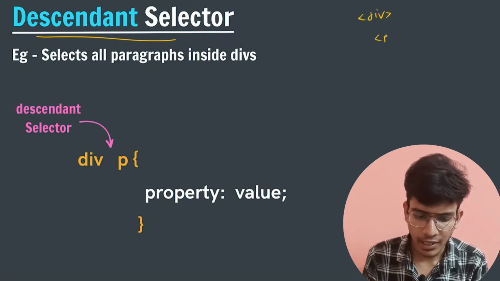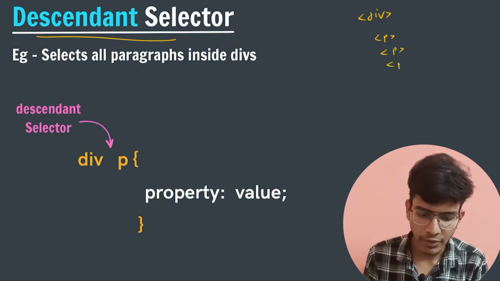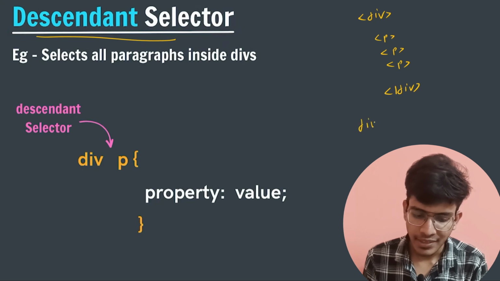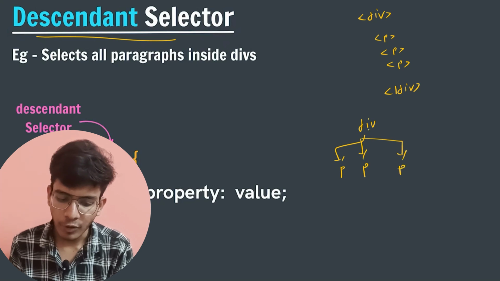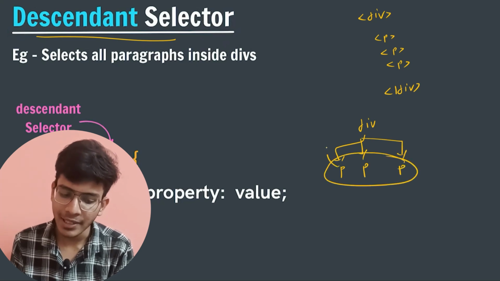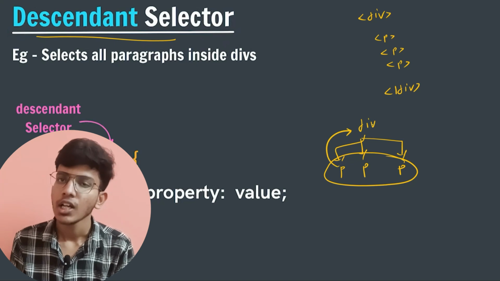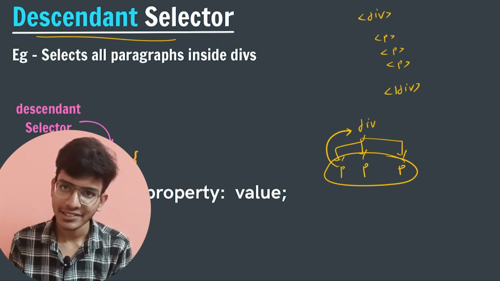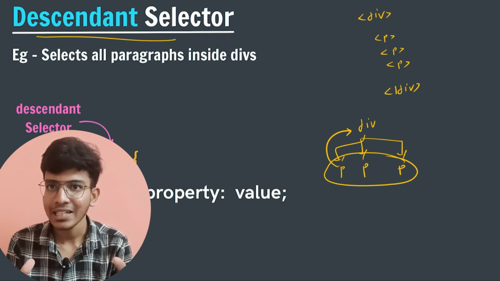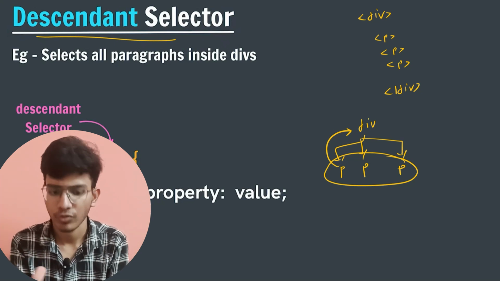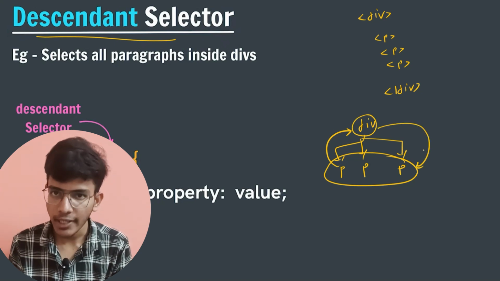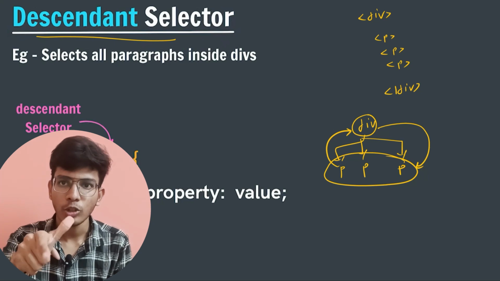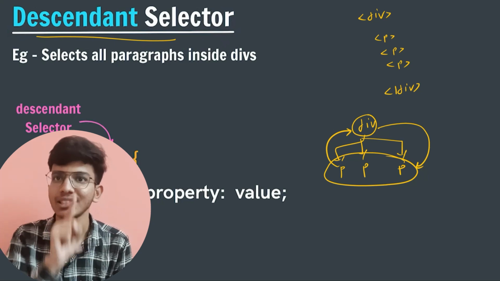Inside the div I have multiple paragraph tags, paragraph 1, paragraph 2, paragraph 3, and for these three paragraphs the parent element is the div. We can use the Descendant Selector to give styling to all the descendants. Here, for the div, the descendants are these paragraphs. If I want to give styling to my descendant elements, I can use the Descendant Selector.